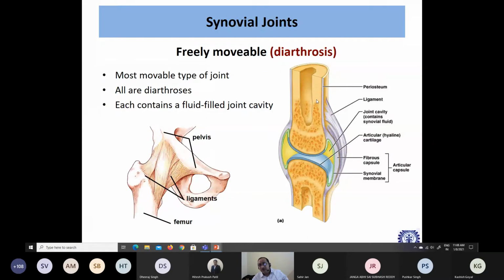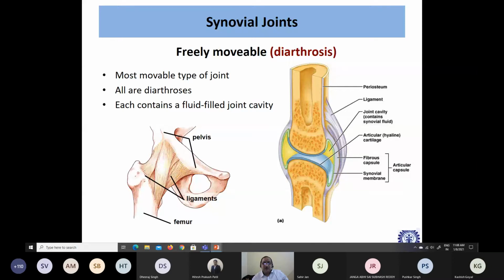Now, freely movable joints, which are most common, and we will focus our attention more on these joints, are popularly known as synovial joints. And these joints actually provide you gross movement. So please note that the synovial joints are responsible for gross movement of the body.